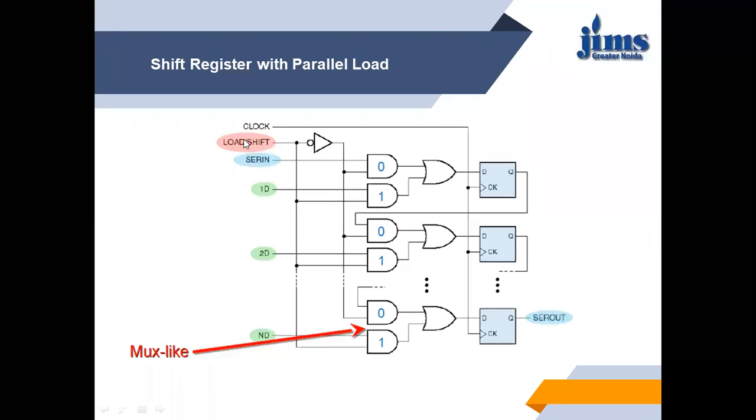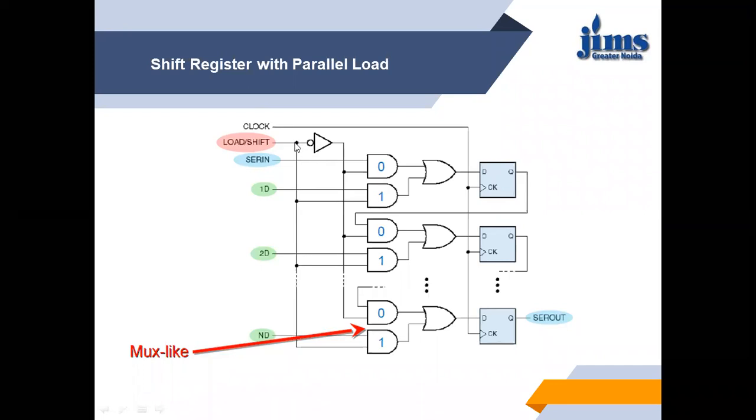Whenever load/shift is 0, this line will be 0. So the output of all the AND gates noted by 1 will be 0, because if any input to an AND gate is 0, the output of the AND gate is 0. Now we have used an inverter.